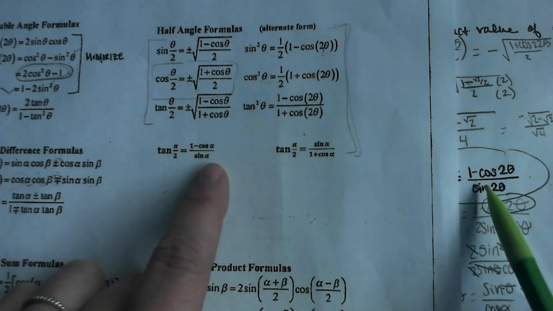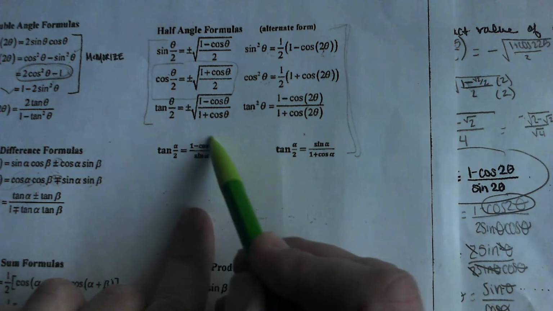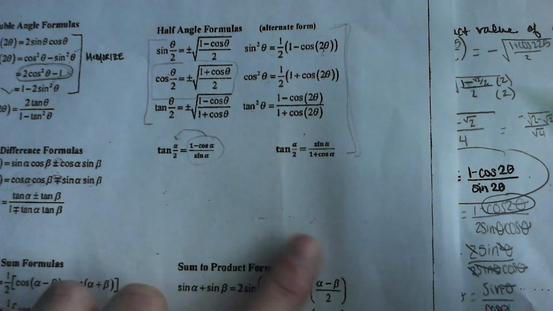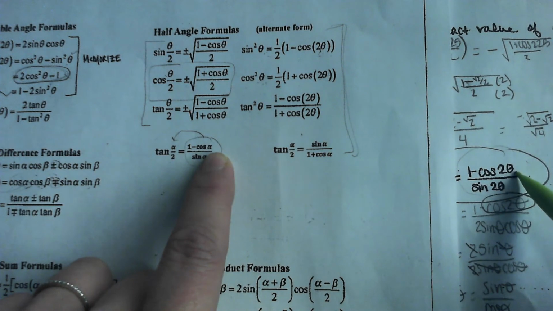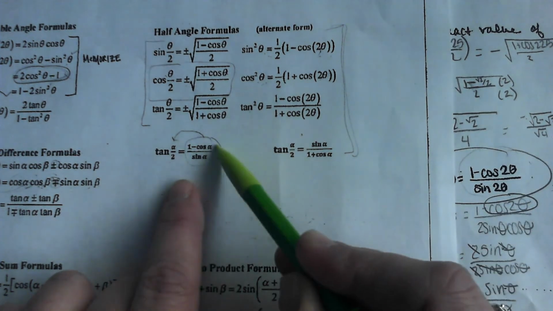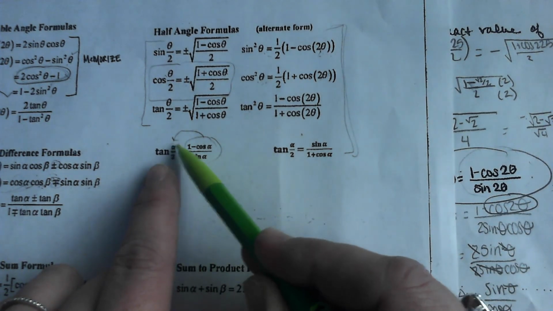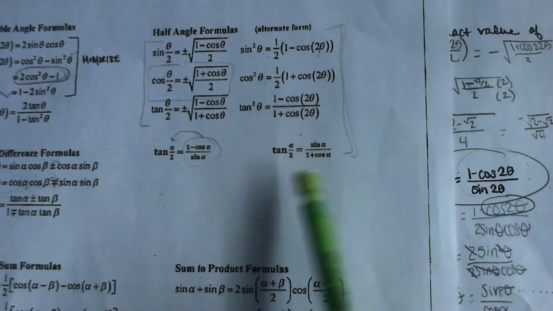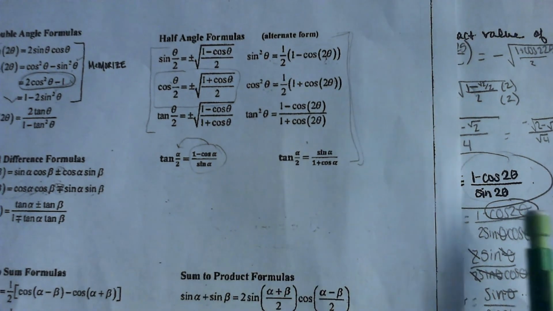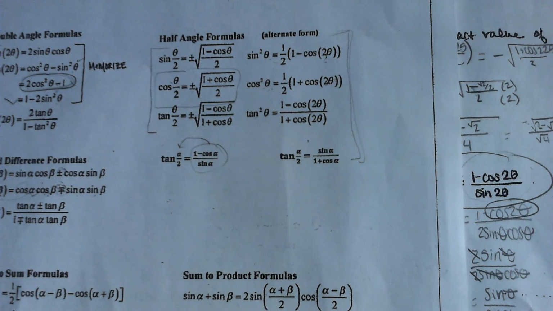Everybody see the structure being the same? So he took that expression and went backwards to this one. The alpha has a 2 theta in it, so it's just the tangent of 2 theta over 2, and 2 theta over 2 is just tangent of theta.